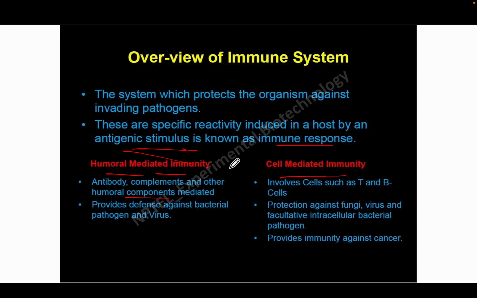These are basically soluble proteins in solution, and they provide defense against bacterial pathogens and viruses. And what is cell mediated immunity? It involves cells such as T and B cells, provides protection against fungi, viruses and facultative intracellular bacterial pathogens, and provides immunity against cancer.